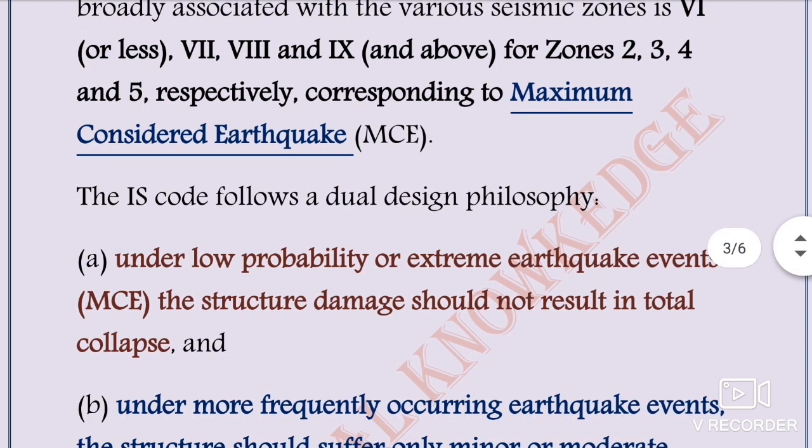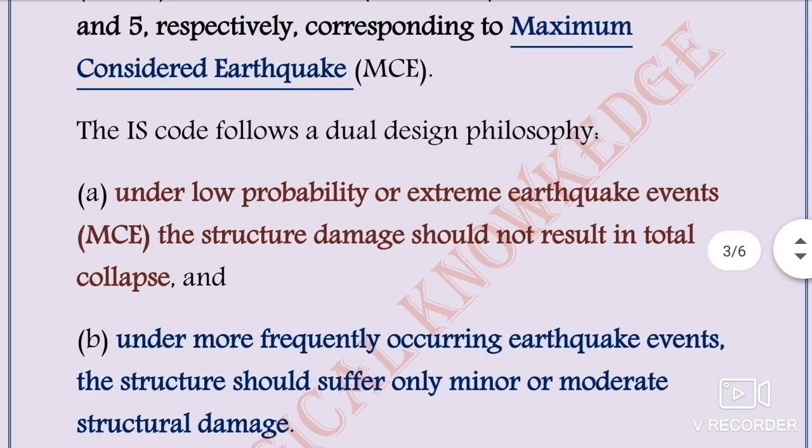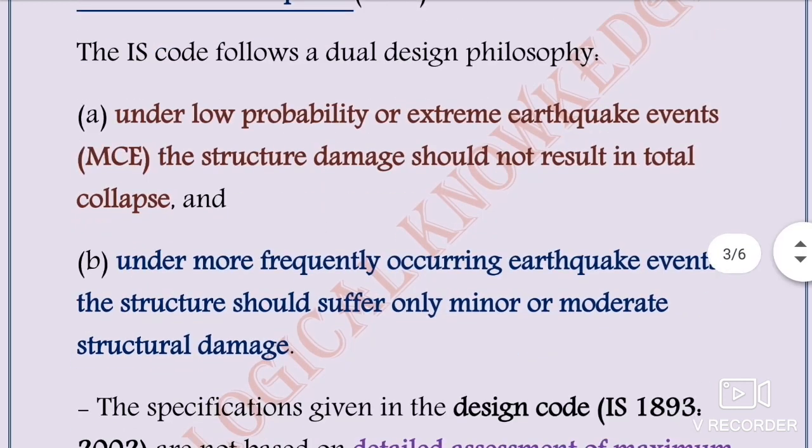And the IS code, or the Indian Standard Code, follows a dual design philosophy. Under low probability or extreme earthquake events, the structural damage should not result in total collapse.